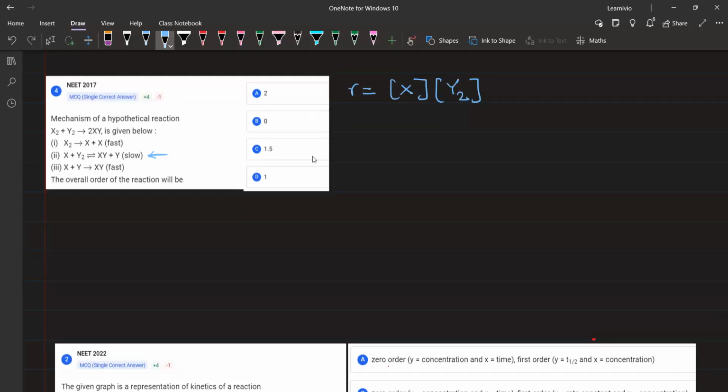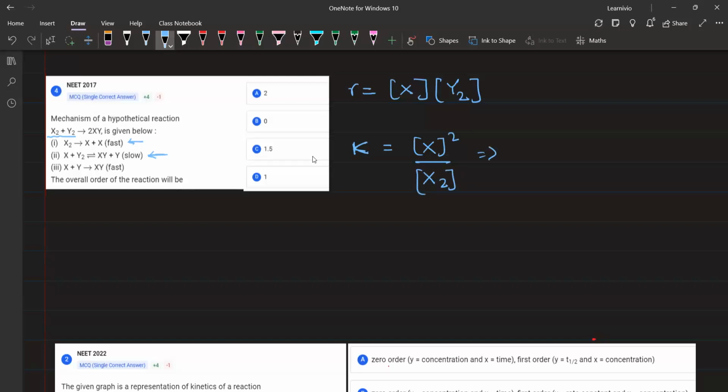Now, the only problem that we are having here is X is not really a reactant. If you look at the reaction, X is not there, we have X2. So we have to write the concentration of X in terms of X2. For that, we will require the first equation. It is a fast reaction, so I can write the equilibrium constant K equal to the concentration of X squared divided by the concentration of X2.